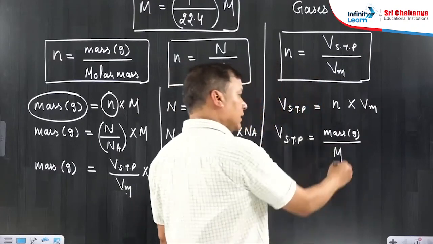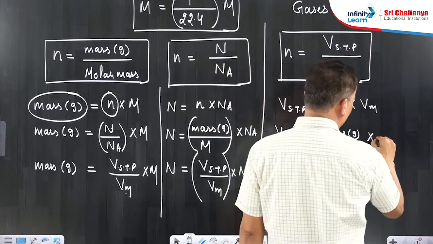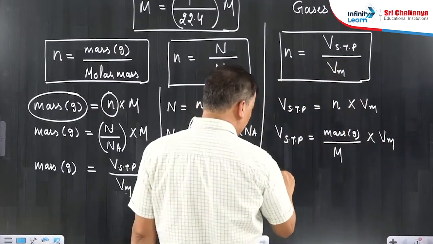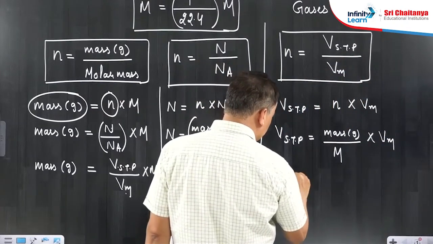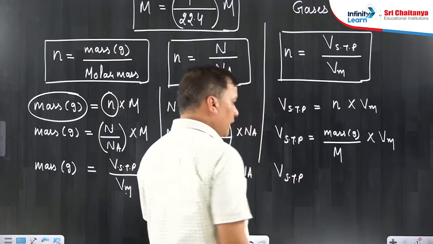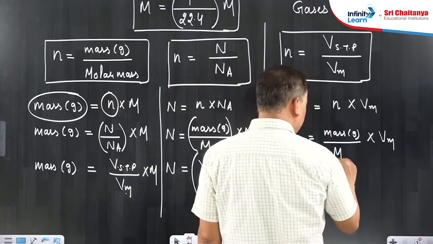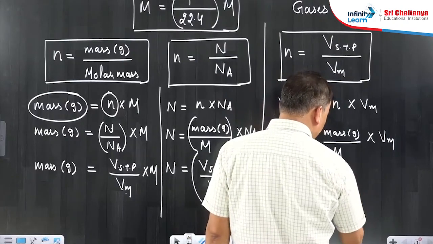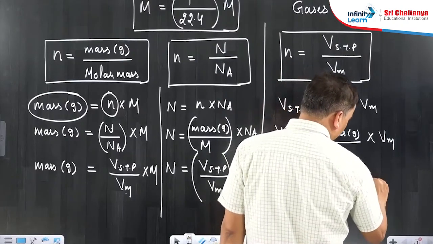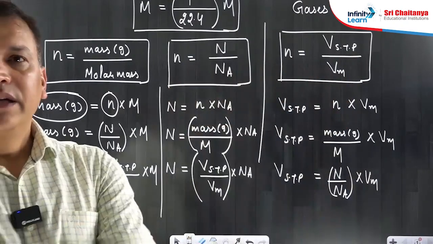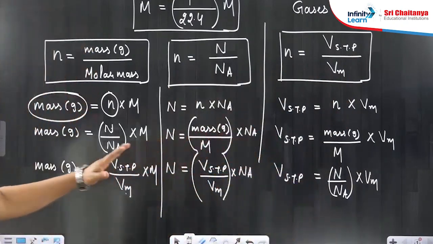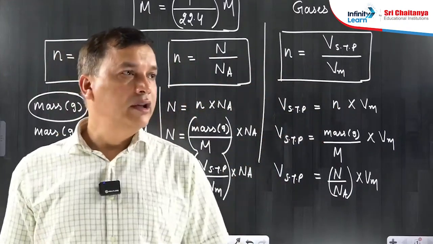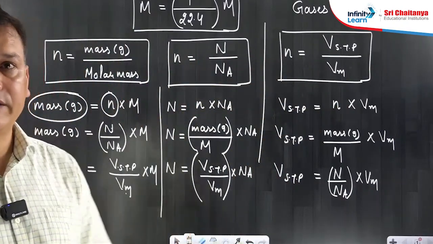This is number of moles into molar volume. Here volume of the gas at the STP is equal to given particles upon Avogadro's number into what? Molar volume. These three formulas are there, and you can solve all the questions with these formulas.